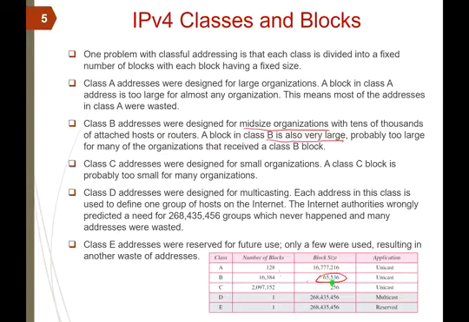It's still 65,000, which can be very large for some companies. Probably too large for many of the organizations that received a class B block. So if they don't have this number, they have one IP address, but they didn't use it for 65,000. So maybe they are wasting half of this range.